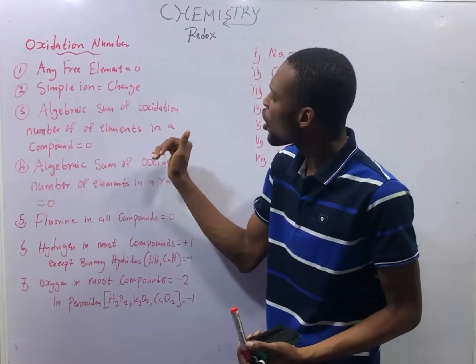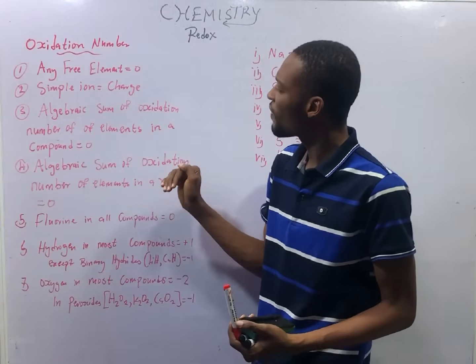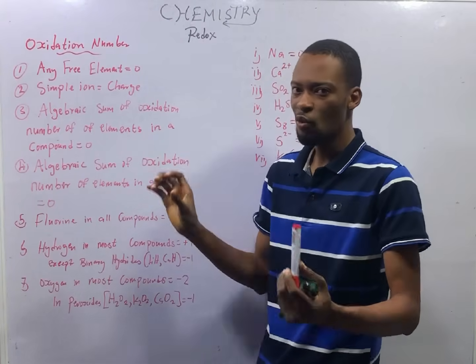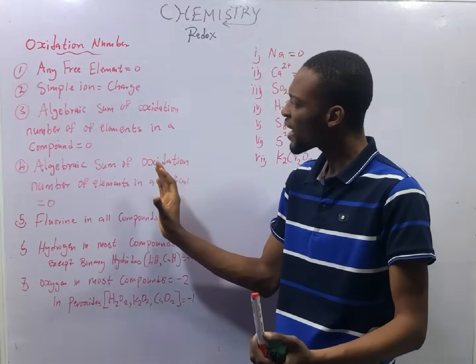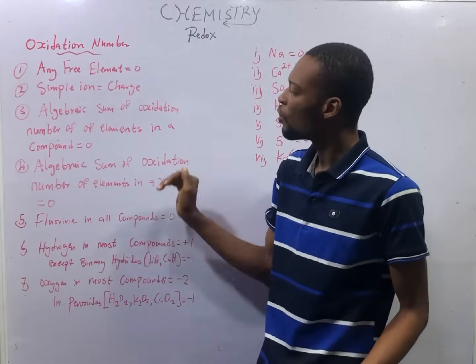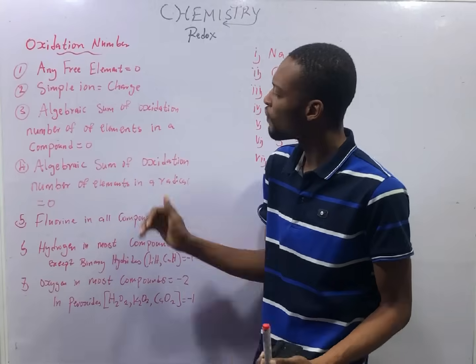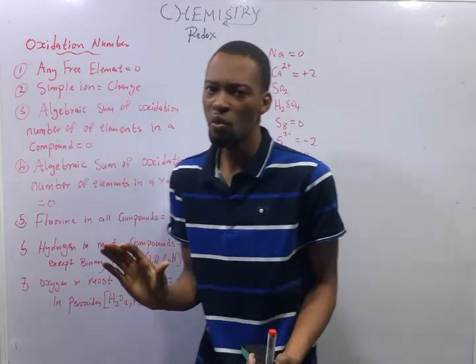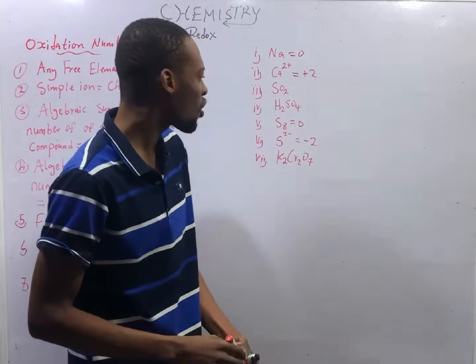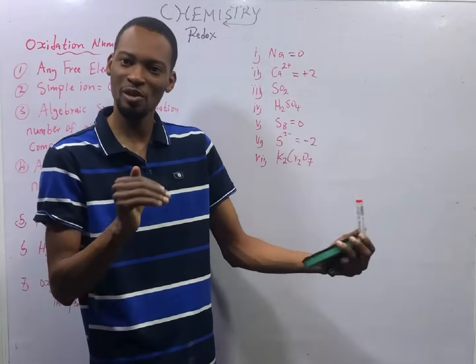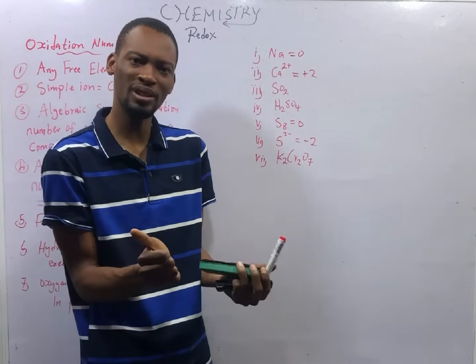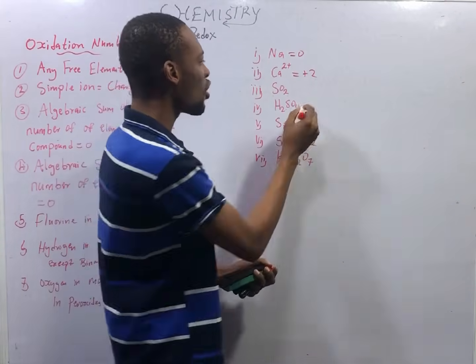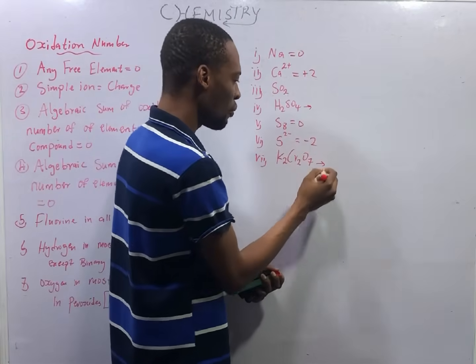The algebraic sum of oxidation number of elements in a compound is equals 0. Algebraic sum means addition. So the addition of oxidation number of elements in a compound is equals 0. What is a compound? Compound contains 2 or more elements chemically bonded together. This is a compound and this is a compound.